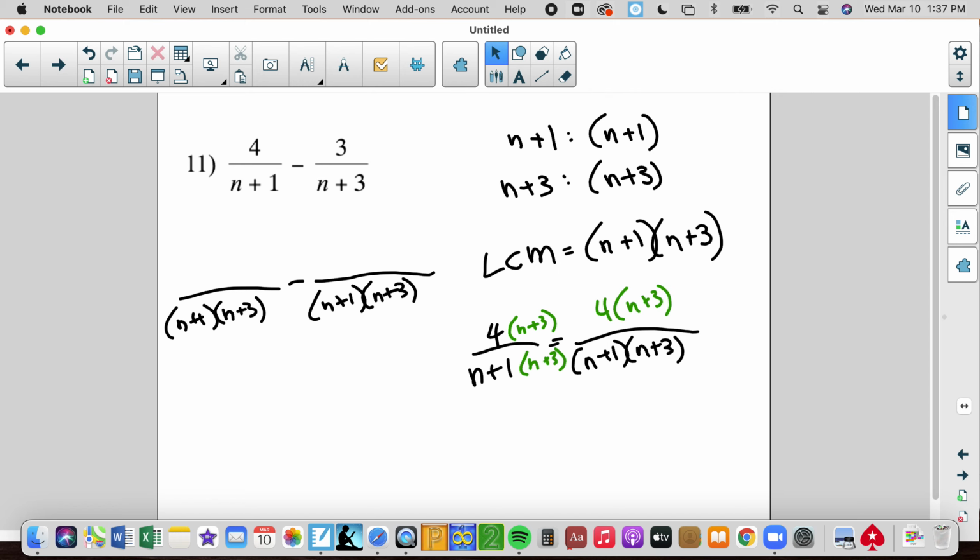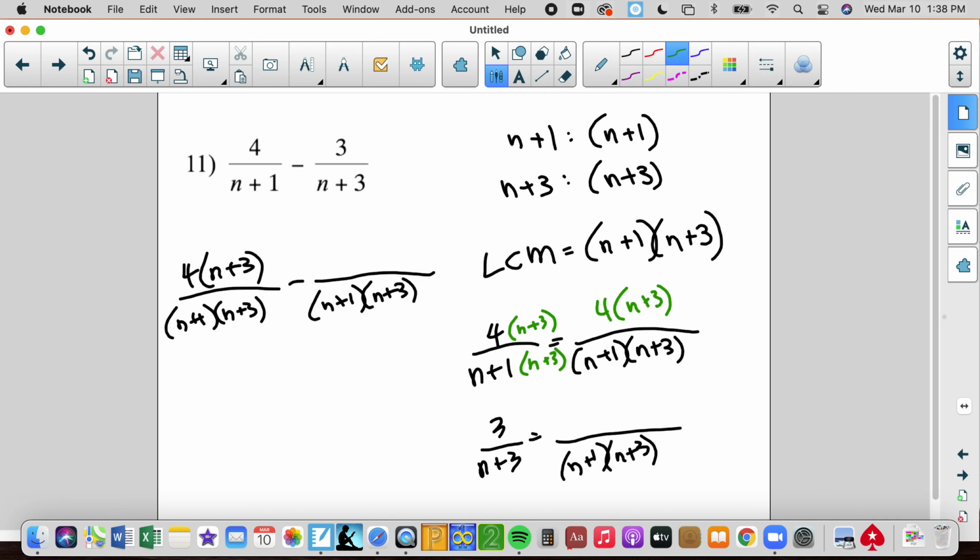So that new numerator is 4 times the quantity n plus 3. What is the other one? 3 over n plus 3 equals what over n plus 1, n plus 3. So what are we missing? We are missing an n plus 1. So we get 3 times the quantity n plus 1.